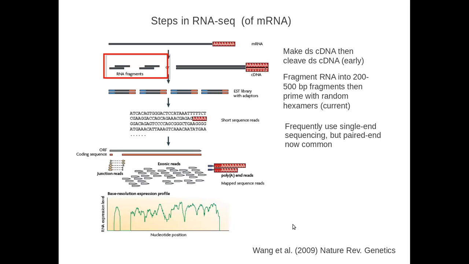Okay, so let's talk about RNA-seq and a little bit about how it works. This particular example is restricted mostly to mRNA. That, of course, is what many researchers are primarily interested in, because it's the protein coding genes of the cell.